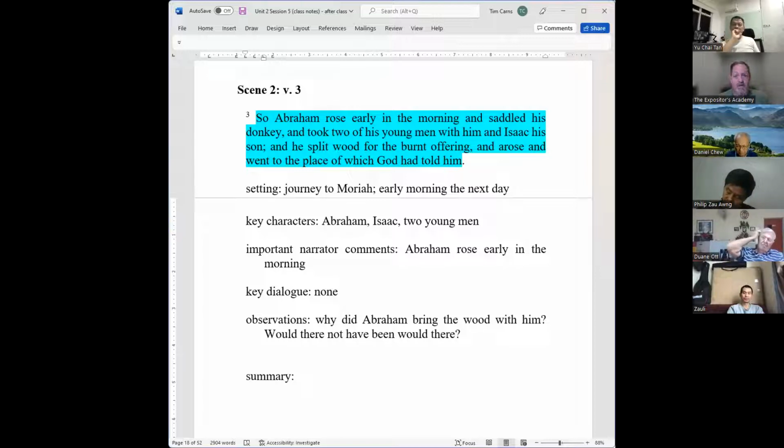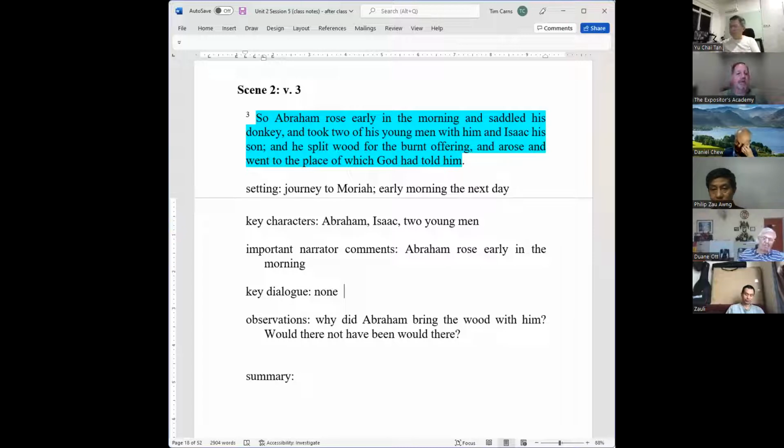Did they not talk to each other for those few days? We don't know. Did they encounter some robber or some animals, or have any problems? We don't know. Did they look for food? Did they go hunting? Did they have enough food that they brought with them? We don't know.